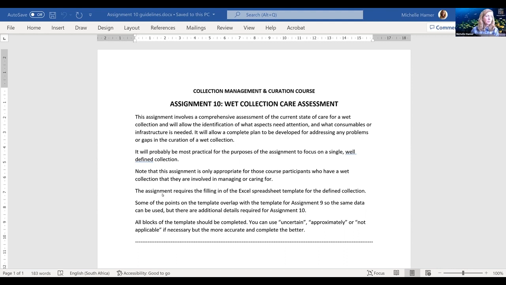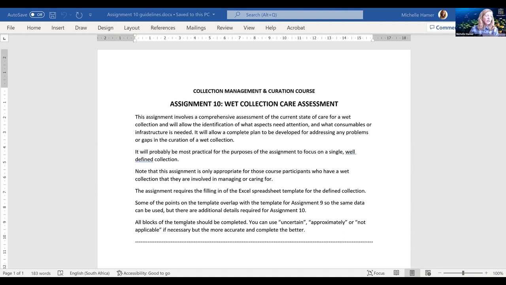Some of the points about the storage were in assignment 9 already. So if you did an assessment of the storage, what you've got and what you need for storage, then you can pull that across to this assignment. But there's more detail in this assignment.